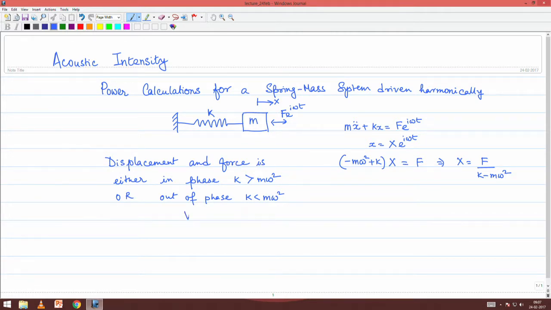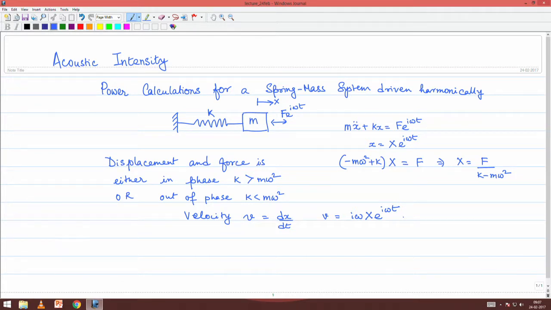So, velocity v we know is dx dt, right. So, therefore, velocity will be I omega times X into e to the power I omega t, because small x has been found out as capital X times e to the power I omega t.